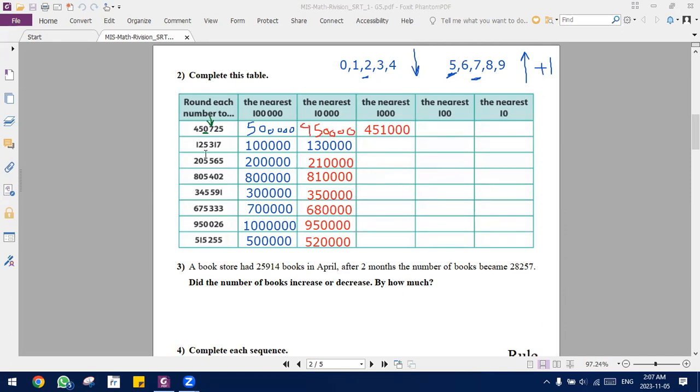Then next one, 125. So in the line 5, we check 3. 3 is round down. So 125,000. Next one, we underline 5. We check the 5 behind it. 5 is round up. So it's 206. Next one, we underline 5. We check 4. 4 is round down. So 805 will stay the same.